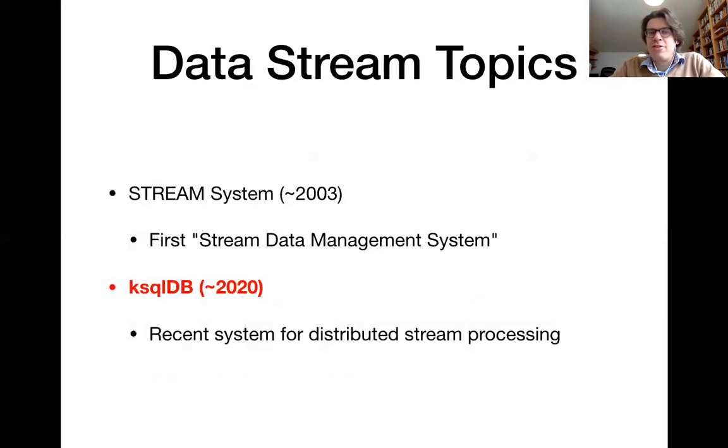All right, so now we have discussed this first stream data management system from already around 2003. It's a pretty classical system, but it has introduced a lot of the important concepts in the context of stream data management. This is why we have discussed it in a little bit more detail.